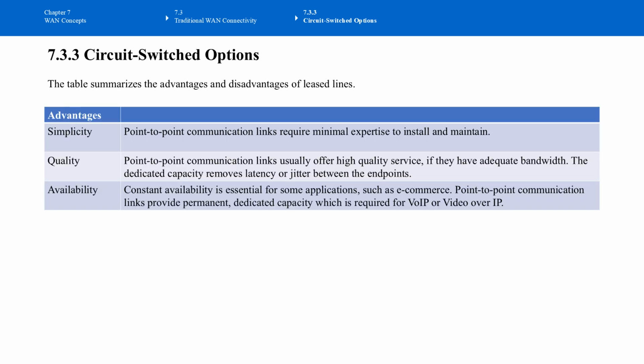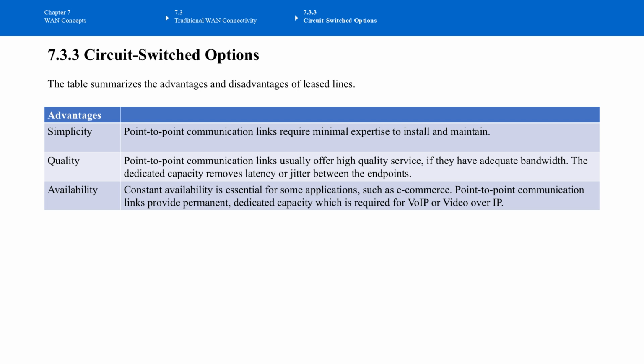The tables on these two pages talk about the advantages and the disadvantages of leased lines. The advantages are obvious: simplicity, and also better quality and availability. For simplicity, it's because it's point-to-point, and point-to-point communication links require minimum expertise to install and maintain.